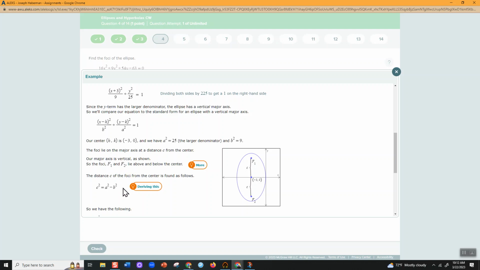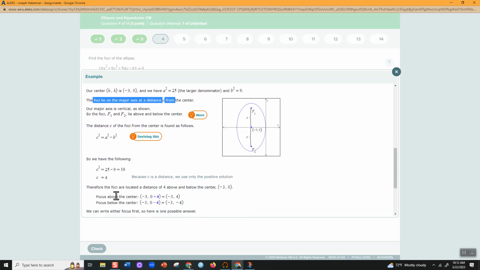And the foci are always going to be on the major axis. So it's going to depend on which number is bigger, right? So in this example, 25 is bigger than 9, so this would be on y, and we have to use this formula, c squared equals a squared minus b squared.